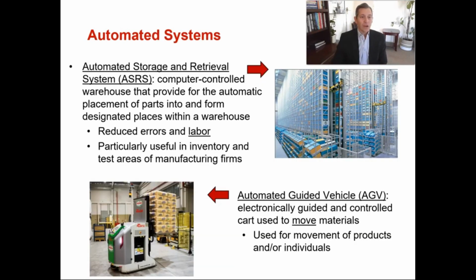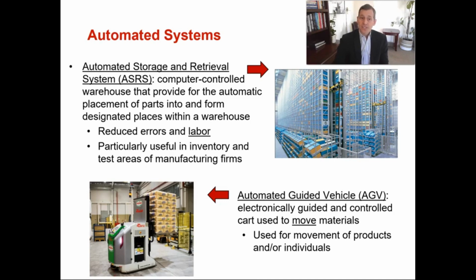All right, next would be automated systems. Automated systems can be either an automated storage and retrieval system, which is on the top right, or automated guided vehicles on the bottom left. Automated storage and retrieval systems are becoming more and more common, especially in these massive distribution centers like you have with Walmart or Amazon, where you just see rows and rows of shelves stacked miles high of products and boxes.